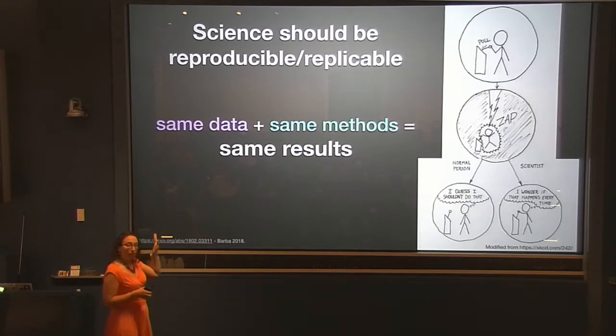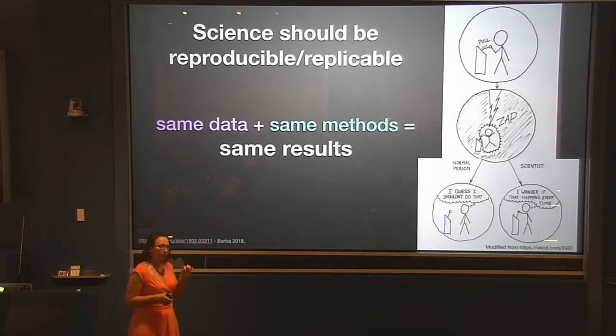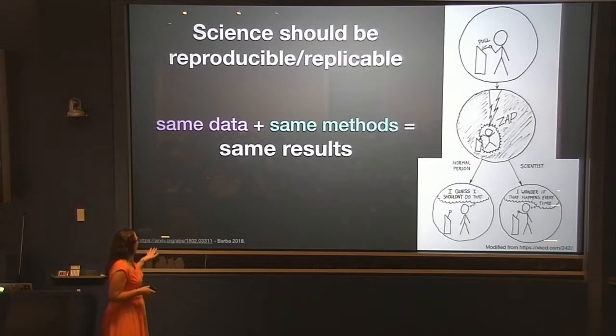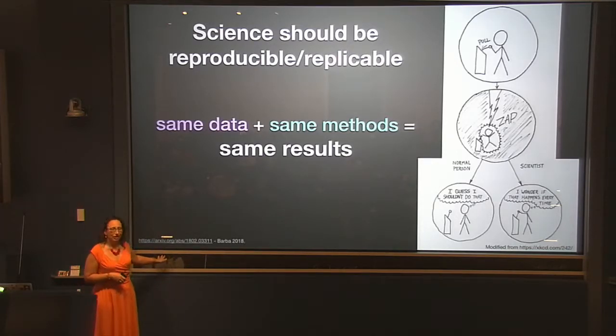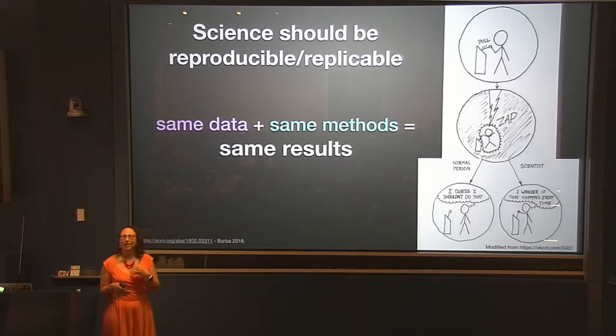That concept is known in some fields as reproducible, in other fields as replicable. And the nomenclature is extremely confusing. And Lorena Barba wrote an entire paper on the different usages of reproducible and replicable in various literature. So I tend to say reproducible, but it is also known as replicable.